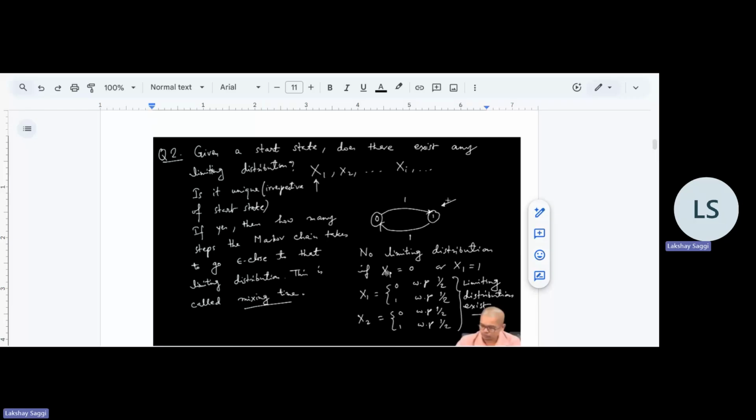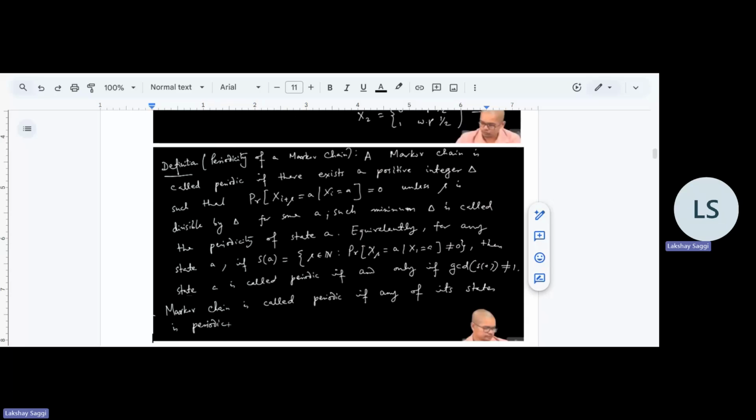If the initial distribution was something like this, where x1 is 1 or something, then it did not exist. But if the initial distribution looks something like this, then the limiting distribution exists. So these are quite important concepts to keep in mind.